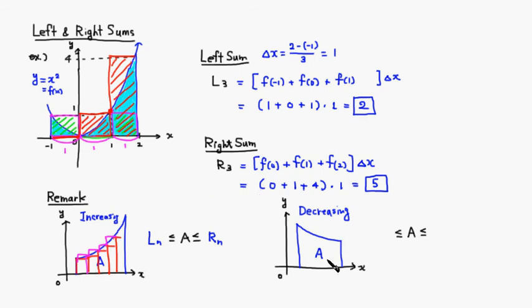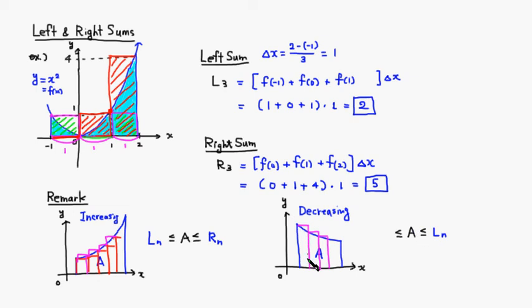On the other hand, if you have a decreasing graph, the left sum is going to be the overestimate. You can see that you have some extra above the graph, so the left sum is always going to overestimate the area.